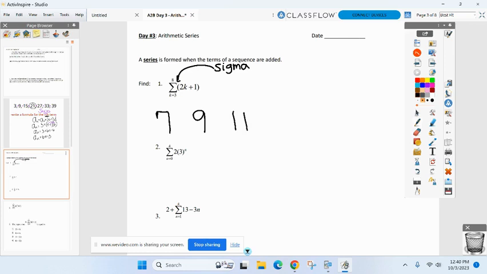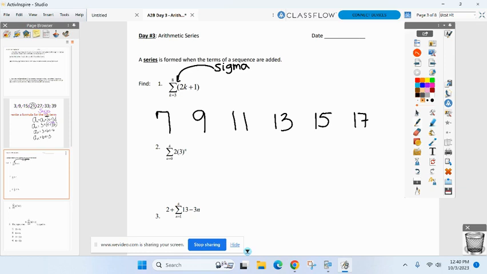When do I stop plugging in? When I get to the top number, 8. Okay, so let's see, what have I plugged in? 3, 4, 5, plug in 6. And we end up with 13. 2 more. Plug in 7. 15. And then finally plug in 8. 17.